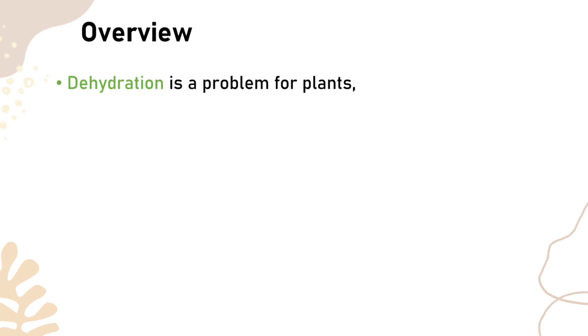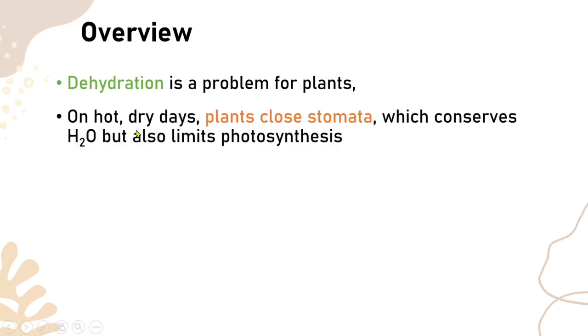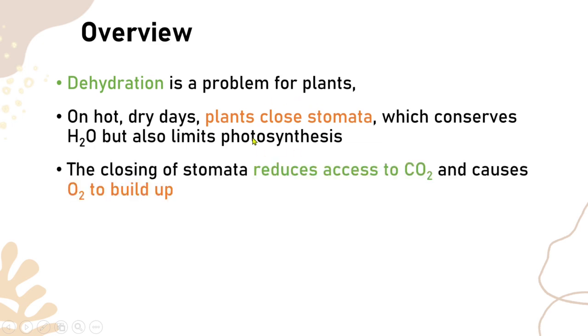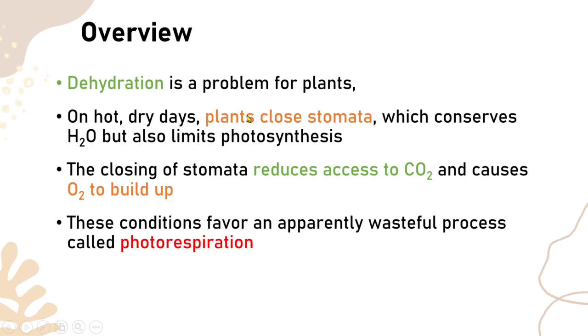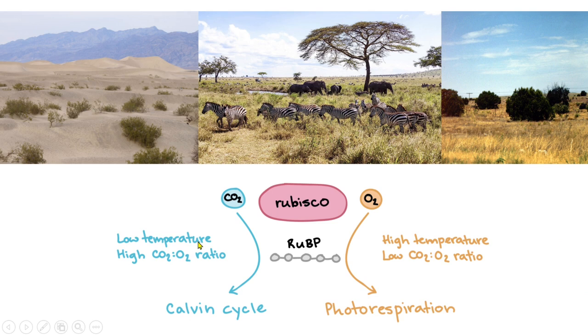Again, dehydration is a problem for plants, and plants will be closing their stomata to minimize water loss. The problem with that is that it reduces access to carbon dioxide but also builds up oxygen at the same time. And then what will happen is what we call photorespiration.